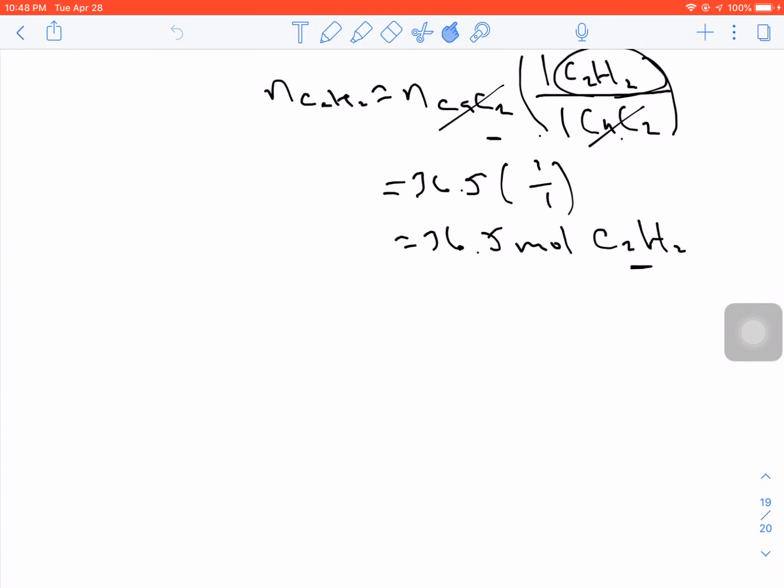Okay, so I'm going to look at aluminum reacting with oxygen to make, I'm going to make this a bit bigger, to make aluminum oxide.